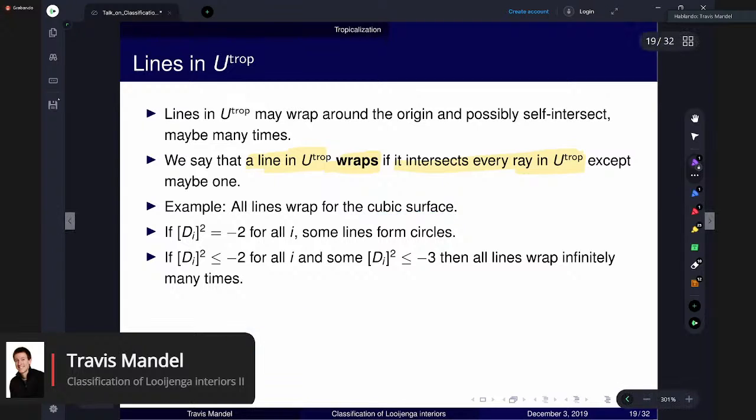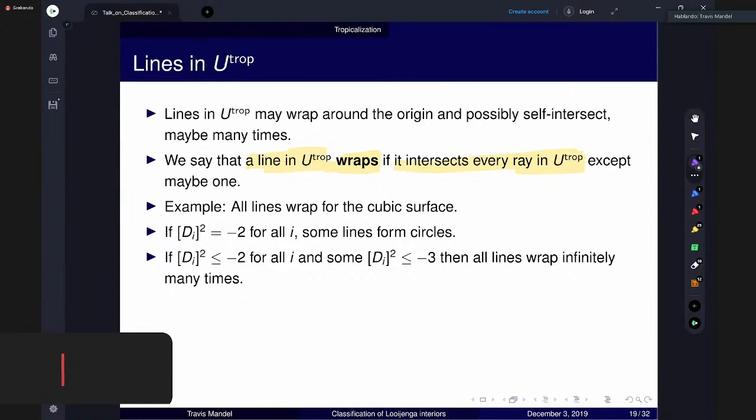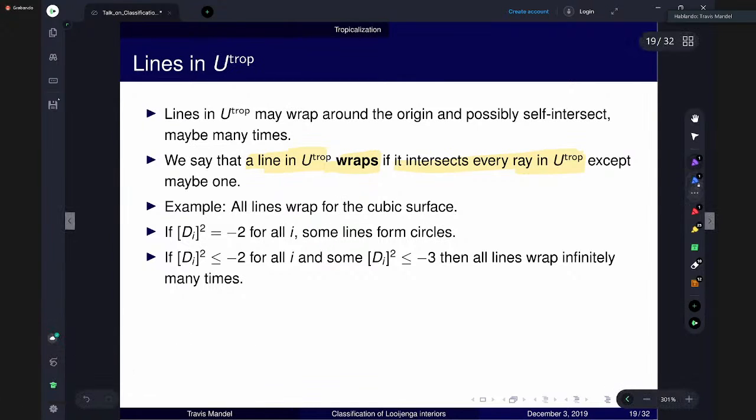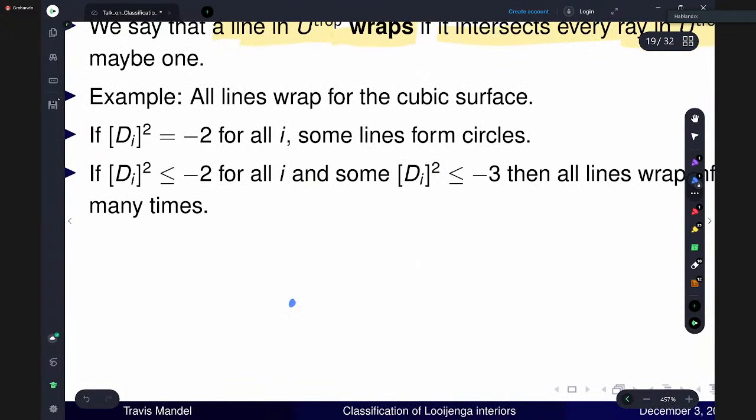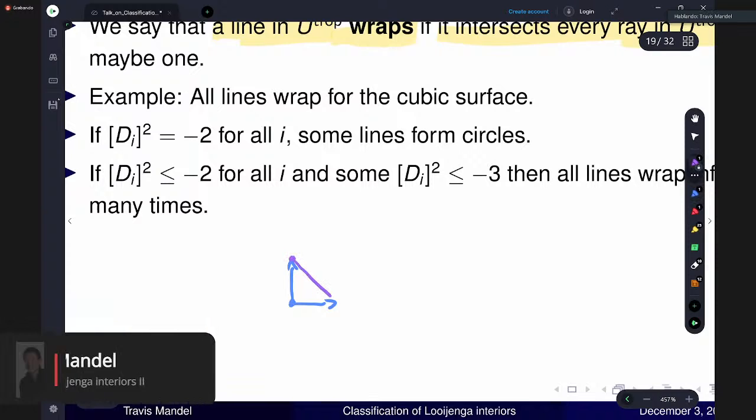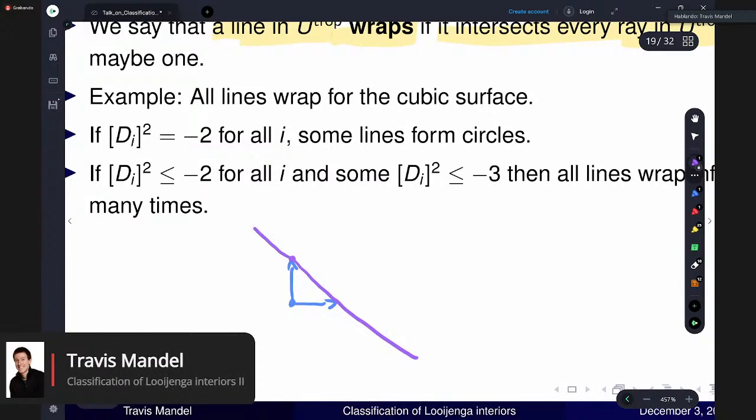Another example: if every D_i has self-intersection number -2, then there will actually be straight lines that are circles. So try and draw that. I'm going to be drawing the developing map.